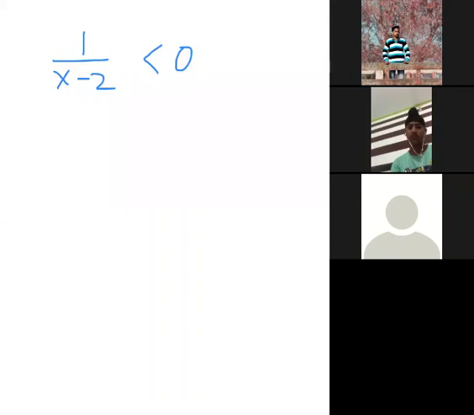Multiply both the sides with x minus 2. In the next step, we'll do this: 1 upon x minus 2 is less than 0 into x minus 2, into x minus 2. Now, what will it become? This will get cancelled and this will become 0.